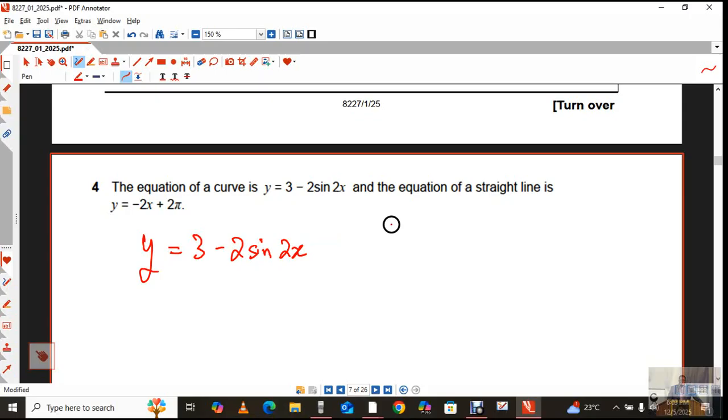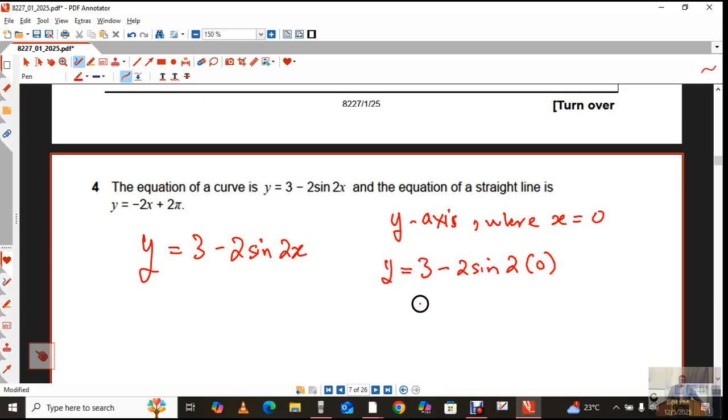So where it intercepts the y-axis, this happens where x is equal to 0. And if you say 3 minus 2 sine 2 times 0, that is going to give you where it will intercept the y-axis, and it will do so at y equals 3. So I know this graph is going to be at y equals 3.